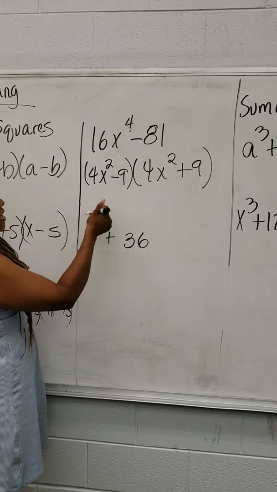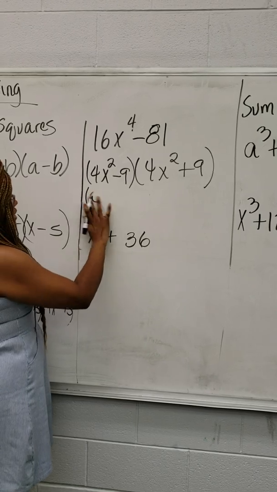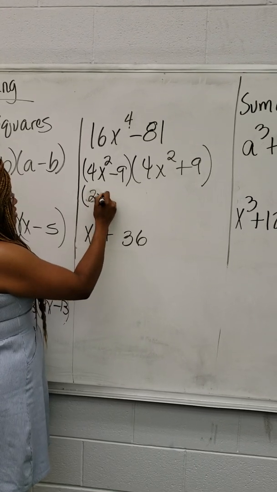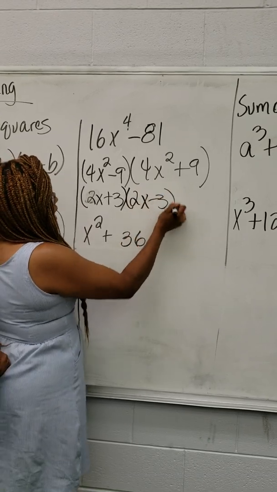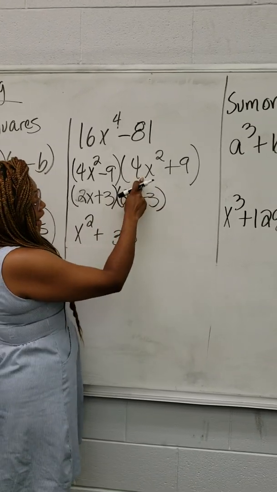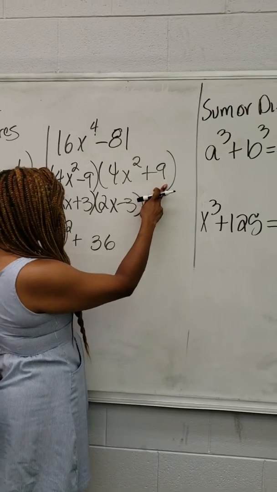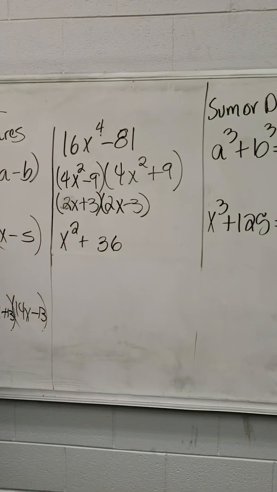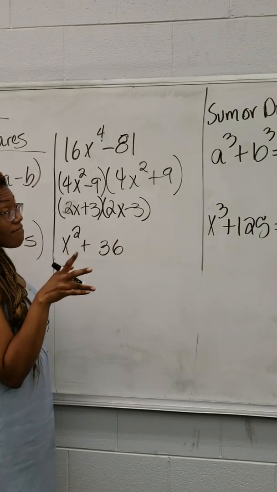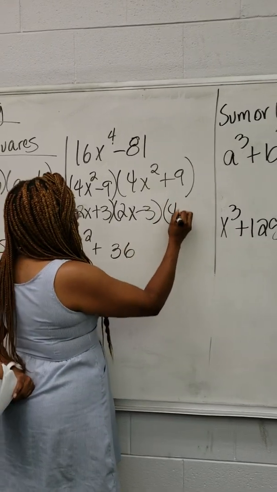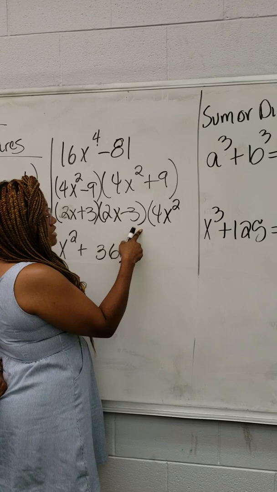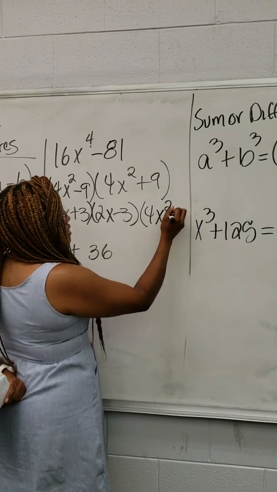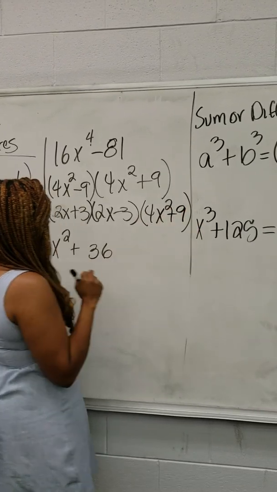Well, yes, the first is. So we can factor this to be 2x plus 3 and 2x minus 3. However, we cannot factor 4x squared plus 9. Why is that? We only have a difference of squares. We do not have a sum of squares. So my answer would just be 2x plus 3, 2x minus 3 times 4x squared plus 9.